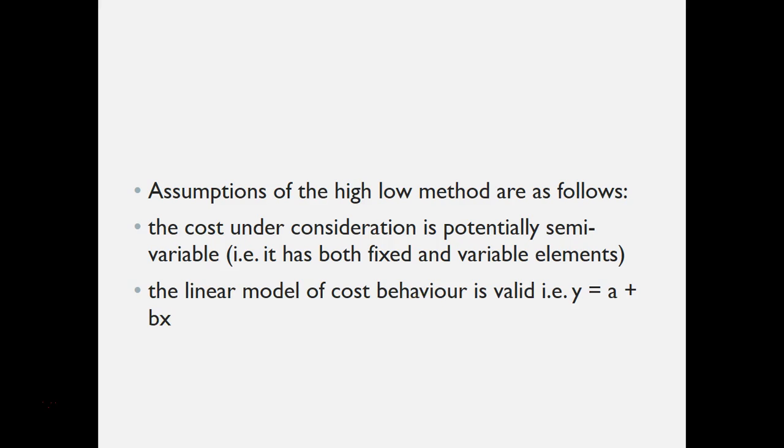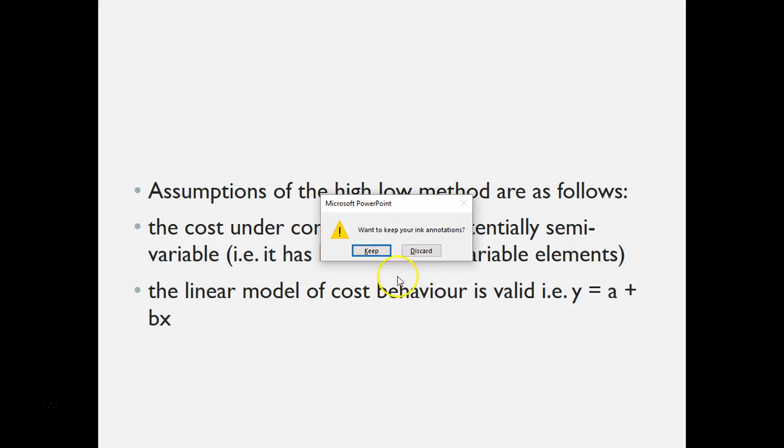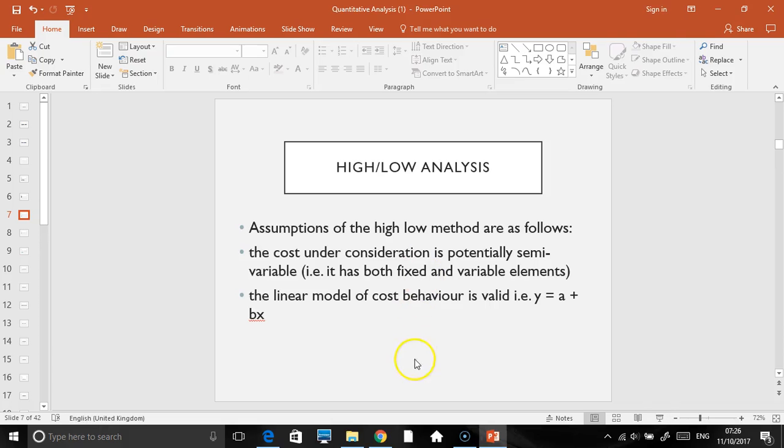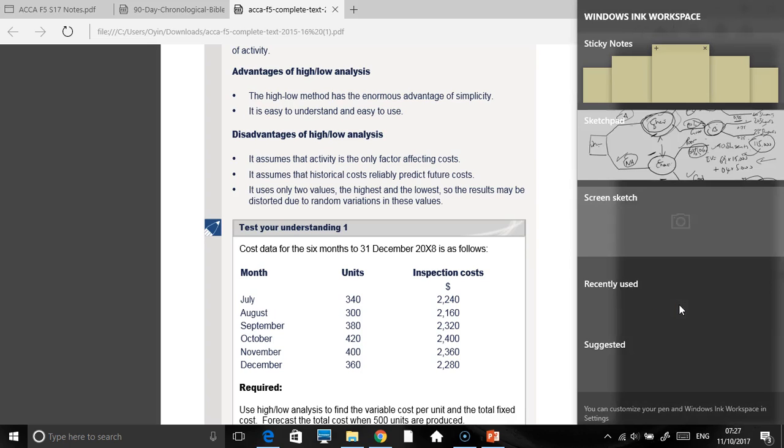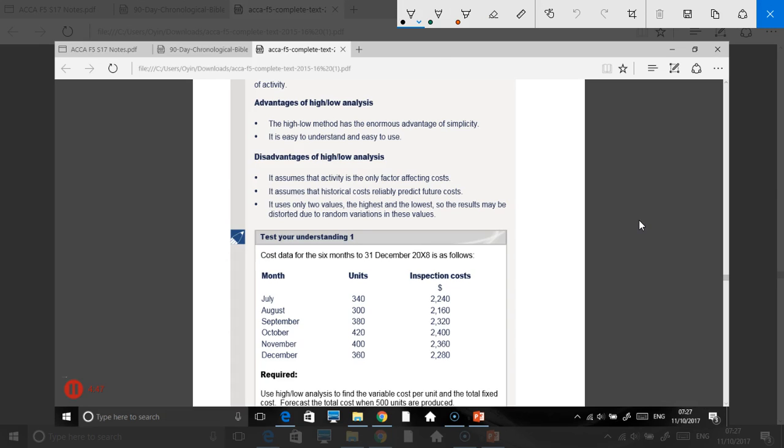So let's look at an example in your textbook. Your textbook has a nice little example here, and it says that you've been given cost data for 6 months, and these are the total costs over here at each of these levels of units.